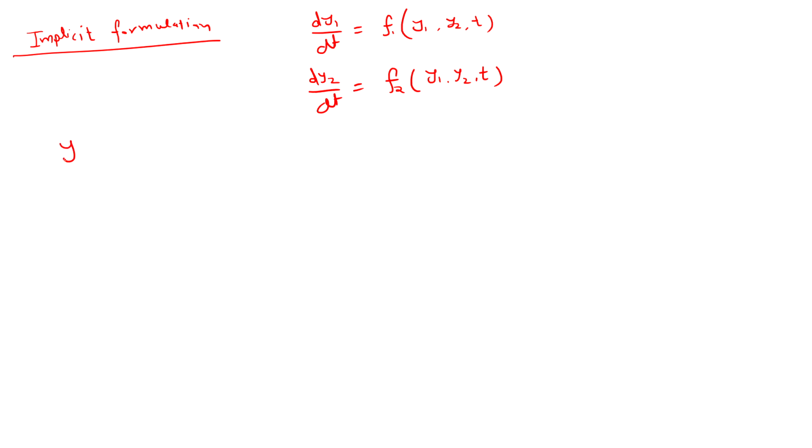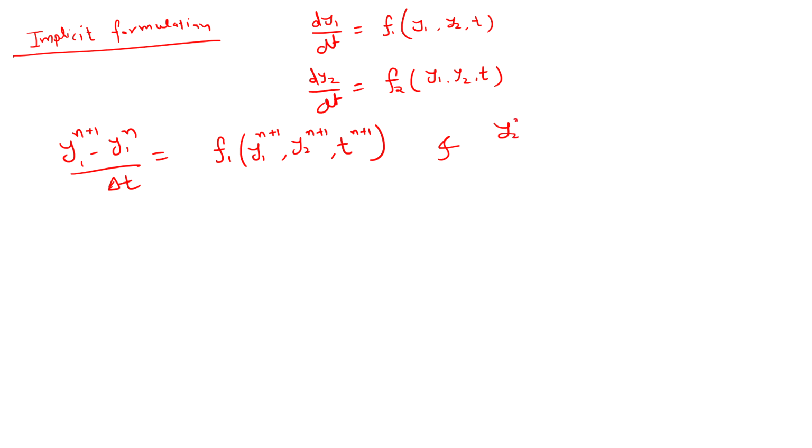So my y1 n plus 1 minus y1 n divided by delta t becomes f1 of y1 n plus 1, y2 n plus 1, comma t n plus 1. Similarly, y2 n plus 1 minus y2 n divided by delta t will become f2 of y1 n plus 1, y2 n plus 1, comma t n plus 1.